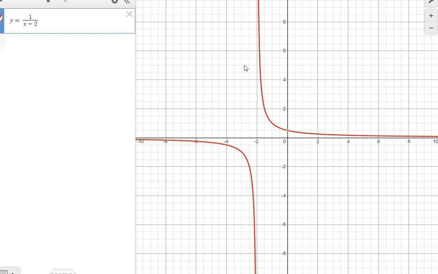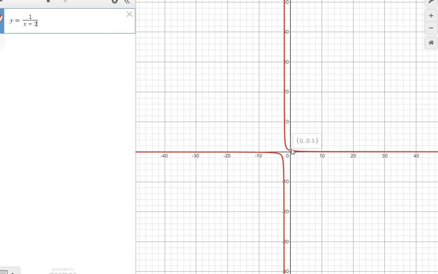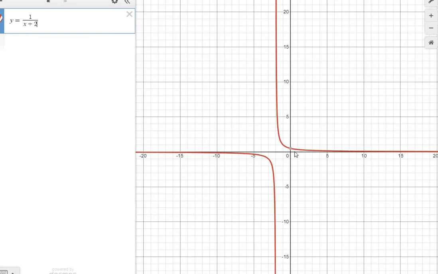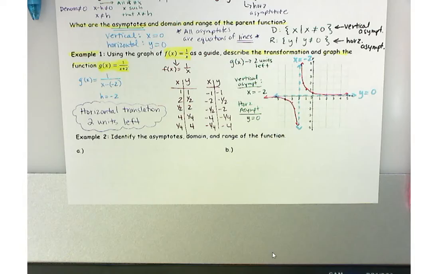Alright, so for example 2, we are identifying the asymptotes, the domain and the range of the function. So you don't need the graph to do this. You can just use the equivalent form. But we are going to look at it to check our work.